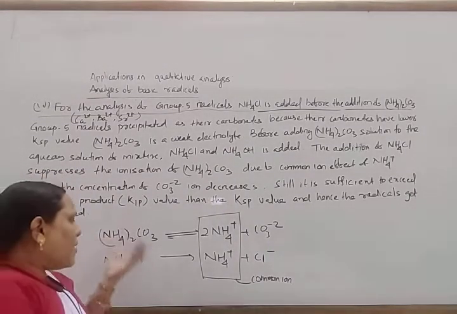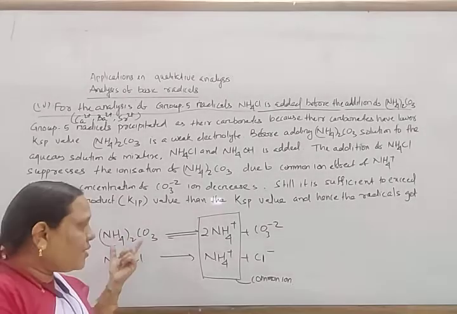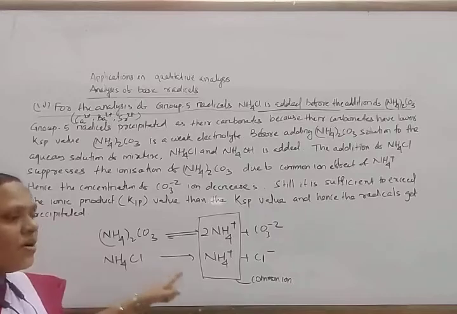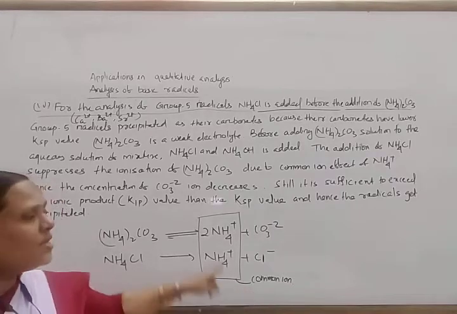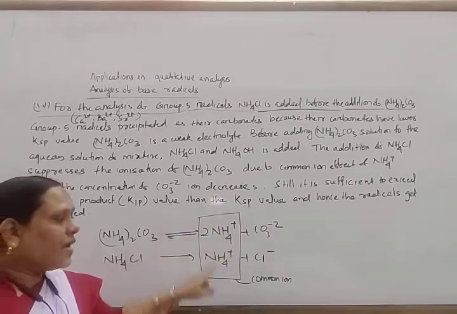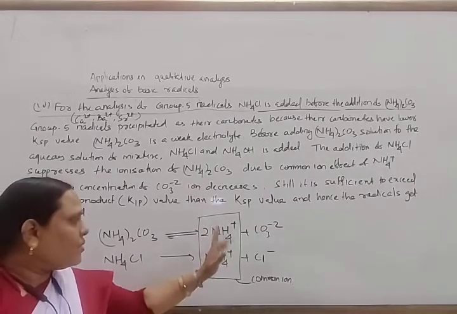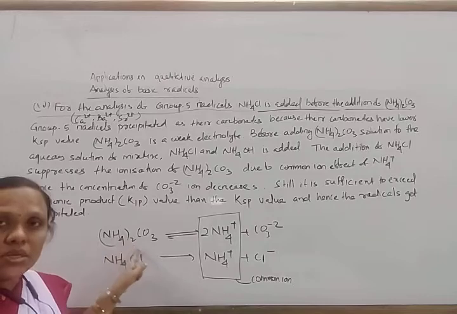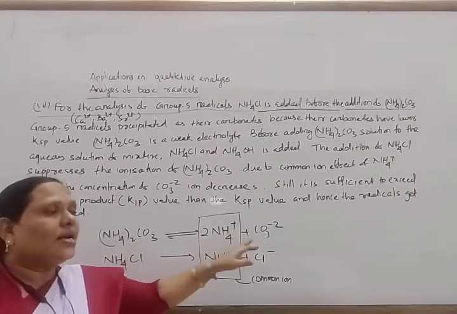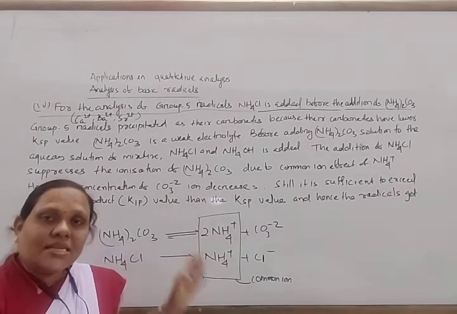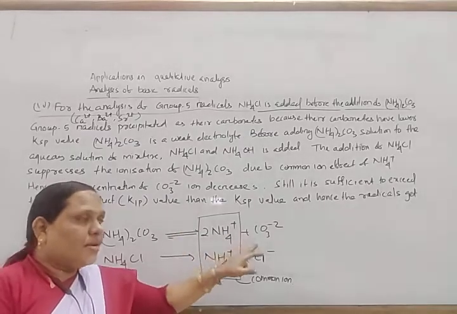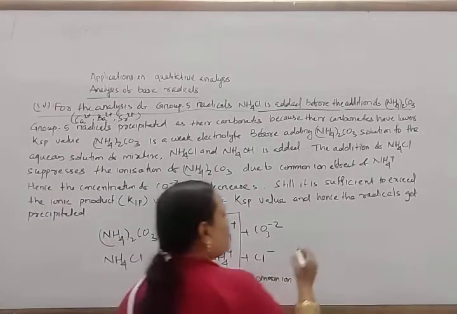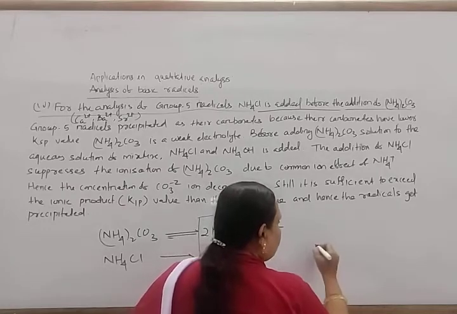Ammonium carbonate, being a weak electrolyte, dissociates slightly, and ammonium chloride, a strong electrolyte, dissociates completely. So due to the common ion ammonium ion, the equilibrium shifts towards the left. It gives more undissociated ammonium carbonate and less carbonate ion. Still, this concentration is sufficient to exceed the solubility product value.